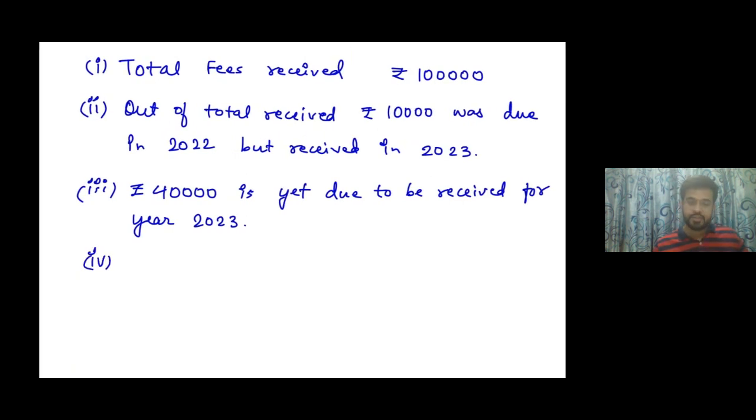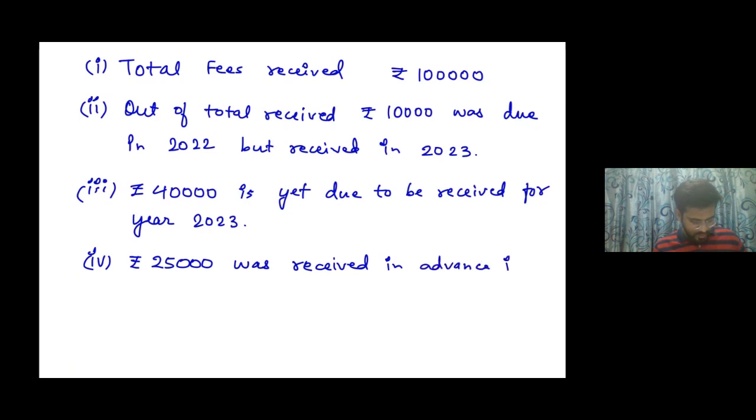Now, the adjustment just after it: rupees 25,000 was received in advance in year 2022 itself, but it pertains to 2023.